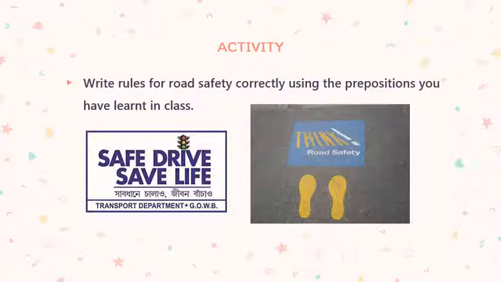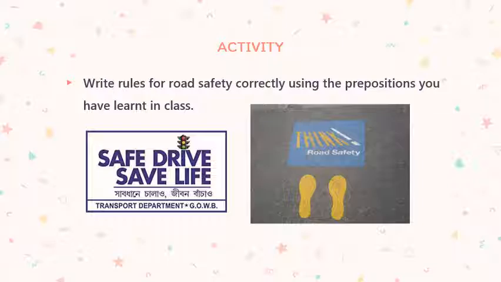Here is an activity that you can try. Write rules for road safety correctly using the prepositions you have learnt in class. I'm sure you are discussing all about road safety since the Road Safety Month has started.